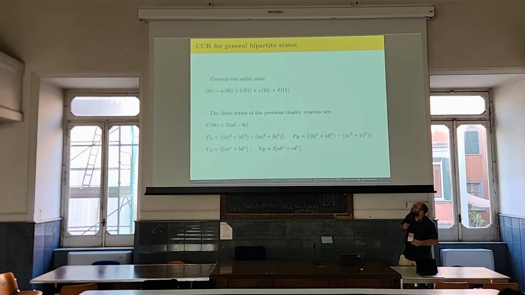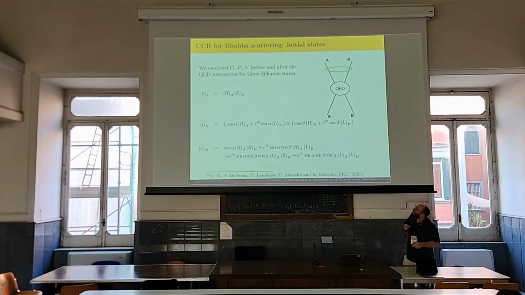So what we have done: the previous three quantities can be calculated as a function of the coefficients of a general qubit state. And what we have done was to start from different initial states and evaluate how the fundamental interaction plays with the fundamental aspects of our quantum system.